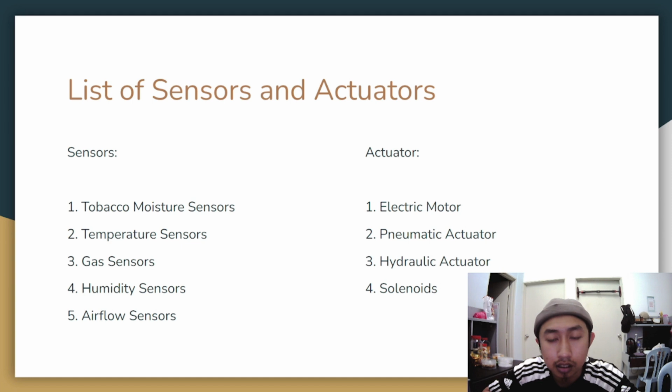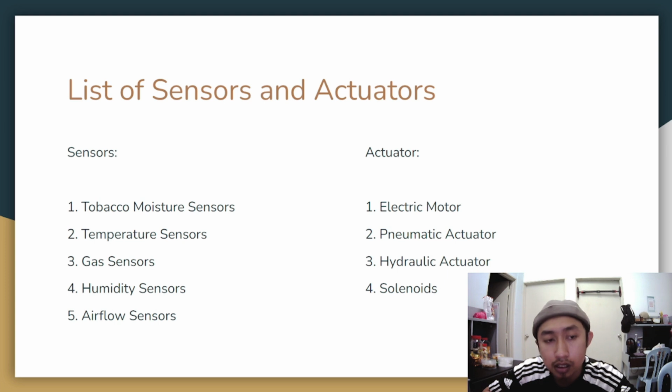Analyze and list the sensors and actuators in the video. In the video, I analyzed 5 sensors and 4 actuators.